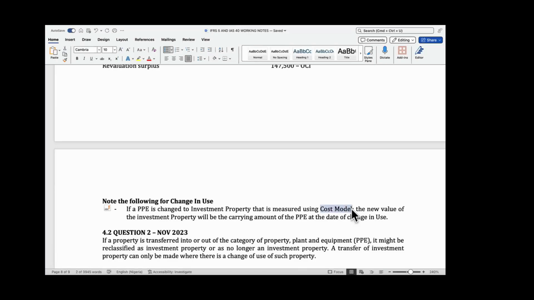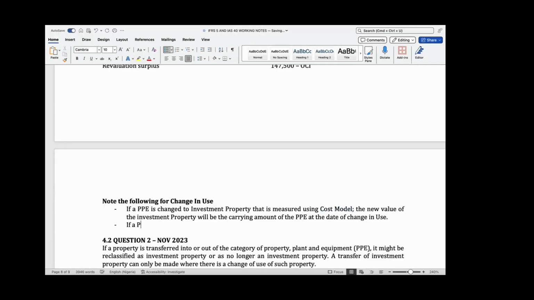Then at what value are you going to carry that investment property? It will be at the carrying amount, the 100,000, the carrying amount of that PPE at the date of change in use. Whatever the amount is, that will be the new value of the investment property.